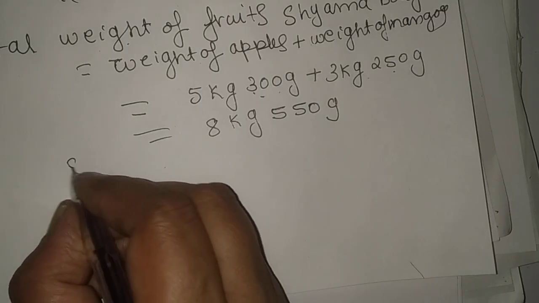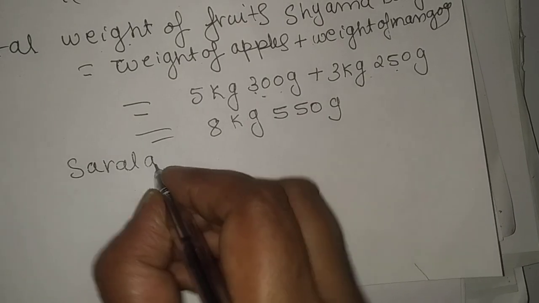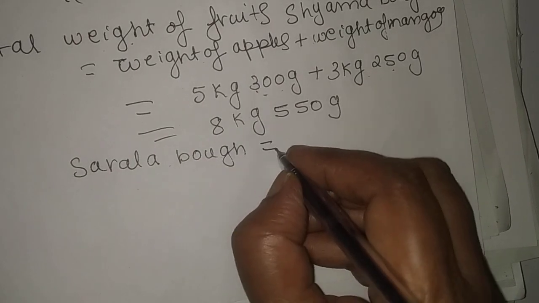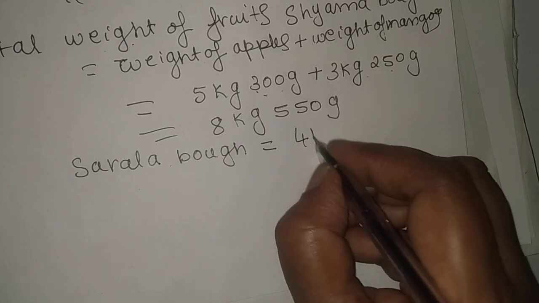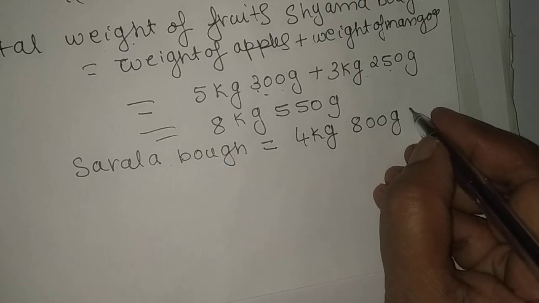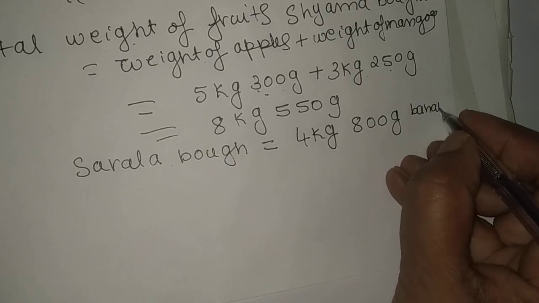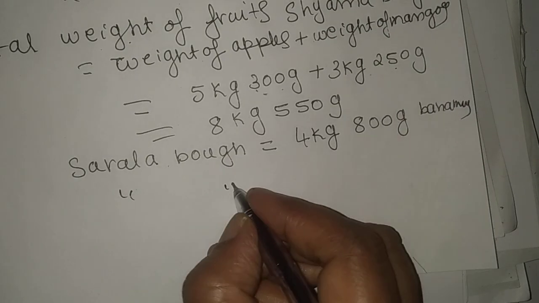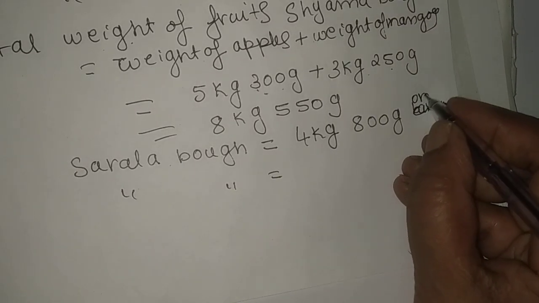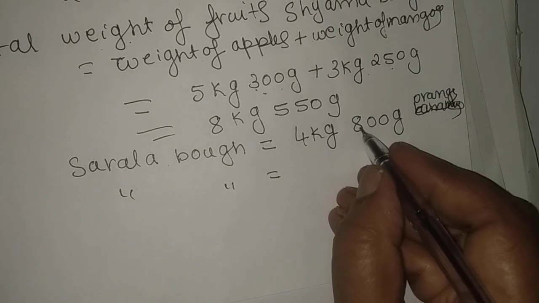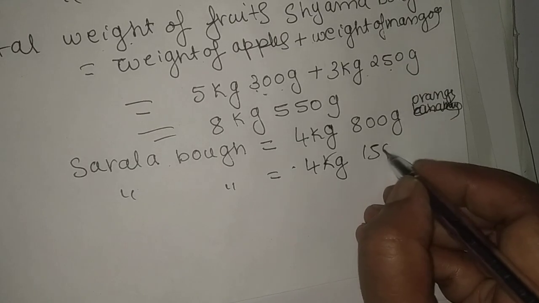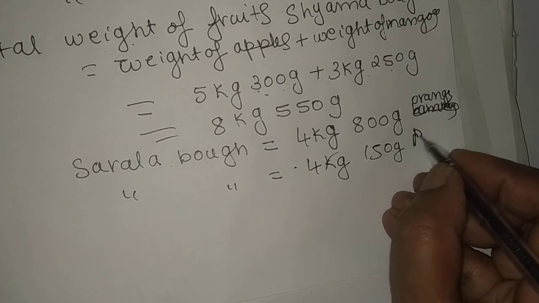So total fruits bought by Shama is 8 kg 550 grams. Now we'll move on to Sarla. Sarla bought, what are the fruits? Oranges and bananas. Sarla bought 4 kg 800 grams oranges, and she bought again 4 kg 150 grams bananas.